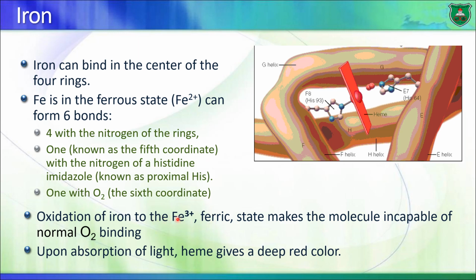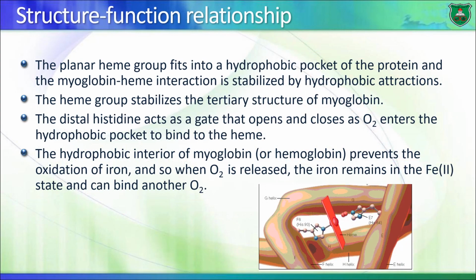If it becomes ferric, if it gets oxidized, then iron cannot bind to oxygen anymore. Something else is that the heme molecule gives blood the distinct red color that we know.